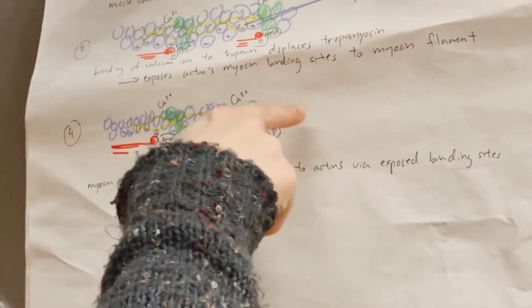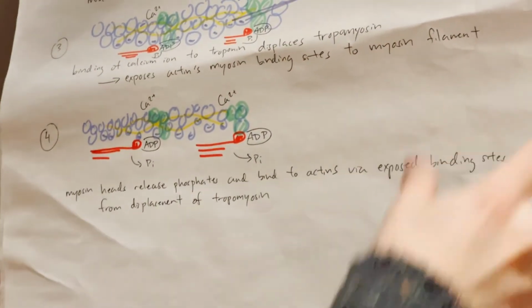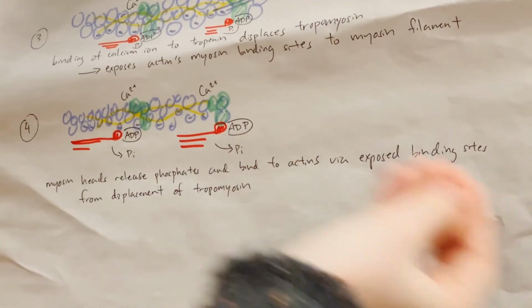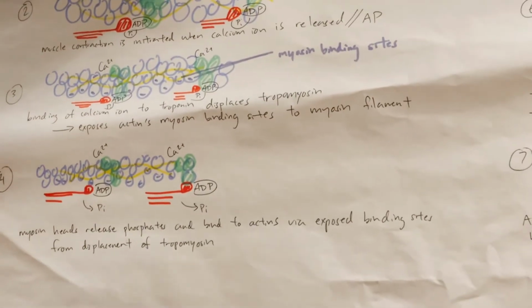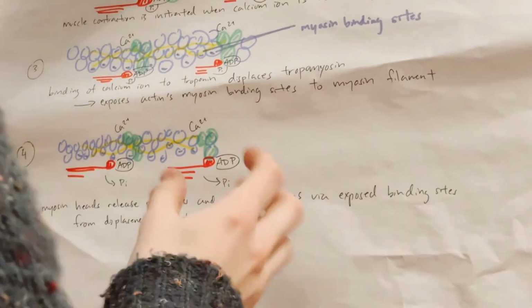So when this whole contraction occurs and calcium exposes those binding sites and allows myosin to be activated, the phosphate will leave, and ADP connects to the myosin sites, and the actin and the myosin are finally connected.